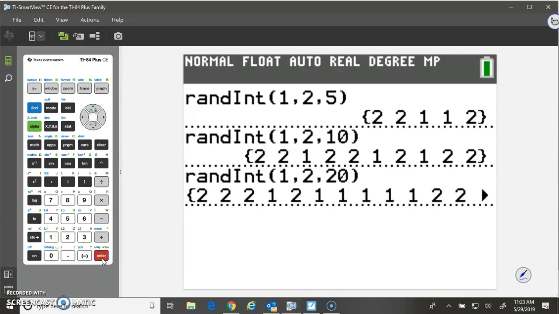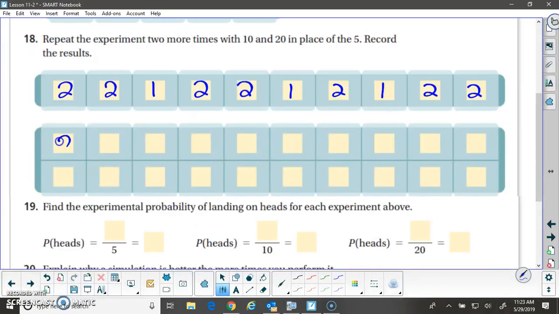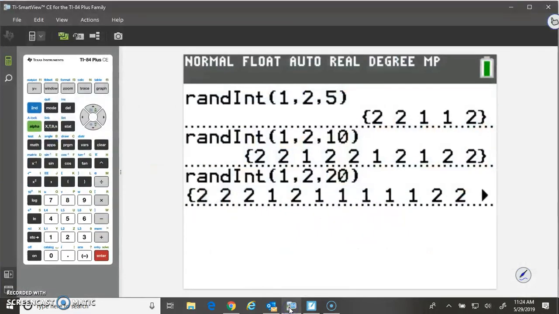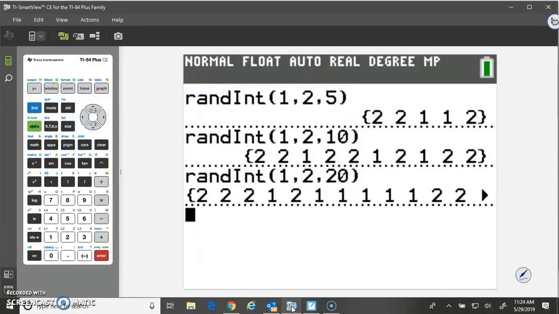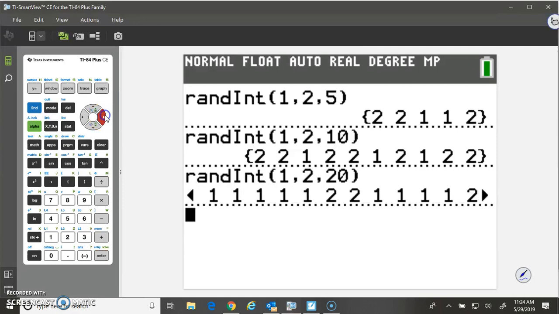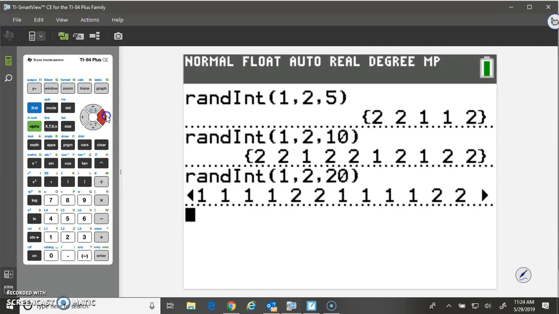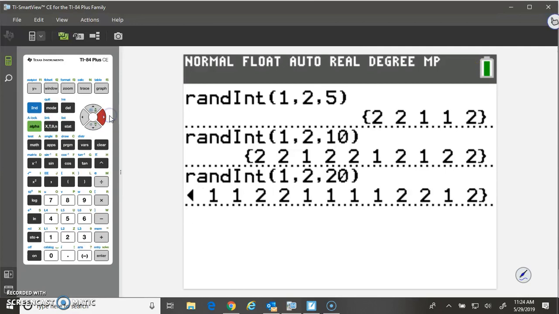And we get 2, 2, 2, 1, 2, 2, 1, 2. Then we got 1, 1, 1, 1, 1. So 5 straight ones. I'm going to have to use my right arrow here now to get my last one.